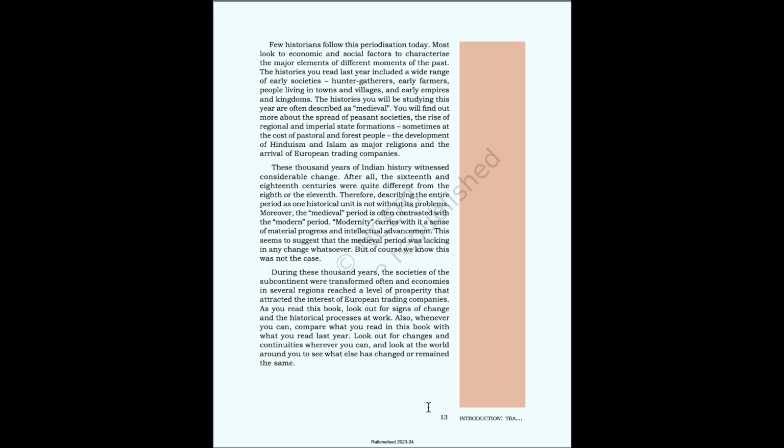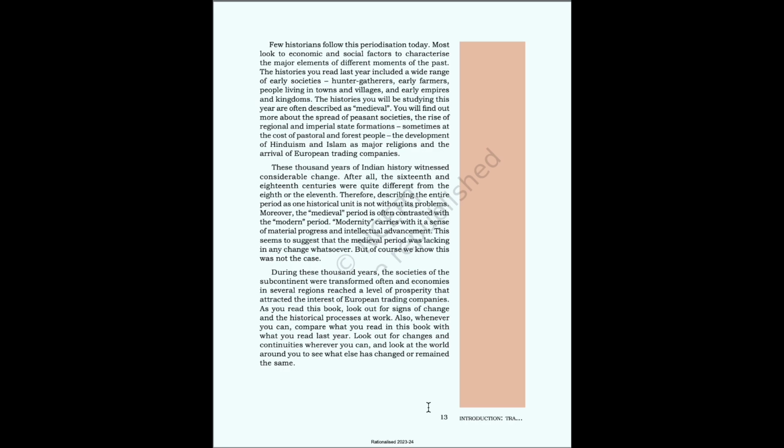Most look to economic and social factors to characterize the major elements of different moments of the past. The histories you read last year included a wide range of early societies: hunter-gatherers, early farmers, people living in towns and villages, and early empires and kingdoms. The histories you will be studying this year are often described as medieval.